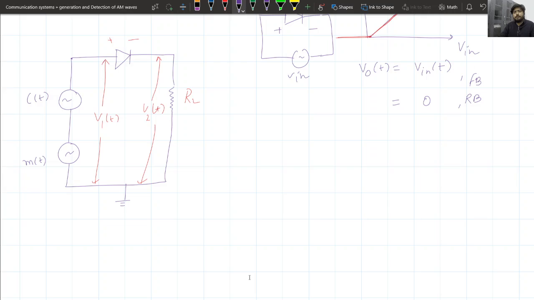The pre-assumption behind using the switching modulator is that the absolute value of mt must be much less than the peak amplitude of the carrier wave, which is given as Ac cos 2 pi fct.